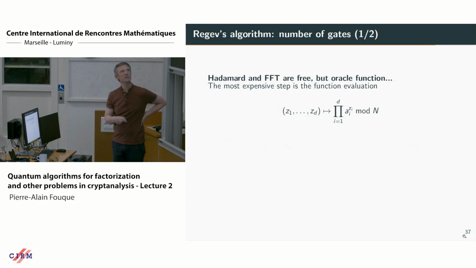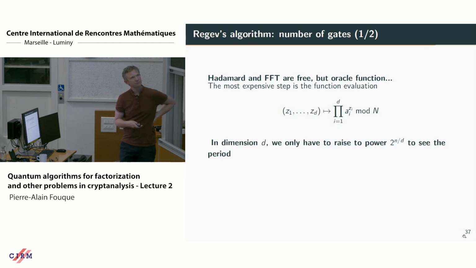And the most expensive step that I have to implement is in fact this multi-evaluation. I recall that I only have to raise to some powers Z1 to ZD, and the sizes of the Zi are much, much shorter than the size of Z for Shor's algorithm. So here we are in dimension D, and we only have to raise the power up to 2 to the n over D to look at the period.